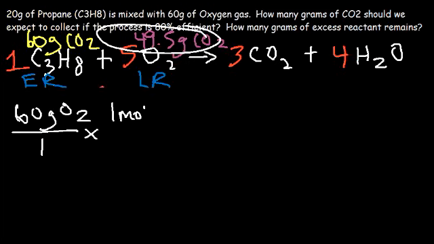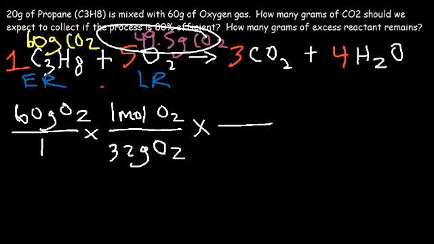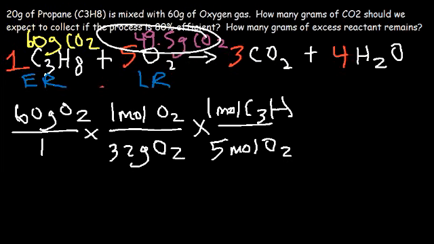So we know the molar mass of O2 is 32. And the molar ratio between O2 and C3H8 is a 5-to-1 ratio. So for every 5 moles of O2 that reacts, 1 mole of C3H8 will react with it.